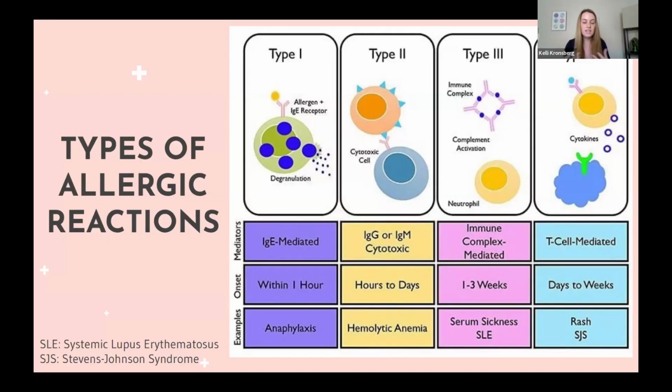type 2. Lastly, we have type 4 allergic reactions, and these are the most delayed out of the 4 different types. These are mediated by T cells, and it can have some mild to, once again, very severe presentations. So the hallmark worst case scenario we think about with type 4 would be skin blistering or coming off.